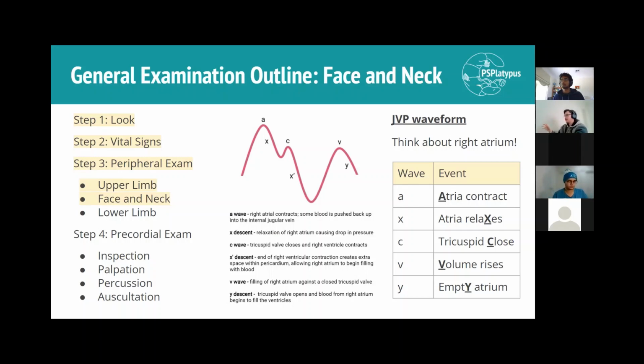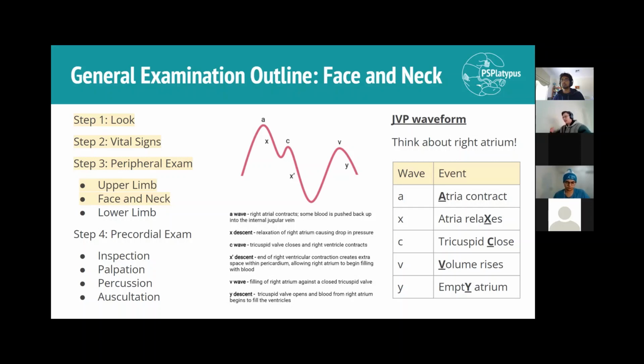With the C wave, you now have the tricuspid valve, separating the atria and the ventricle, closing, because the atrium is done and the ventricles are going to get ready to contract. And when the tricuspid valve closes, the right ventricle contracts. That'll also cause a little bit of a jump in the IJV, just because the ventricle is contracting, putting a bit of pressure on the right atrium and on the IJV.